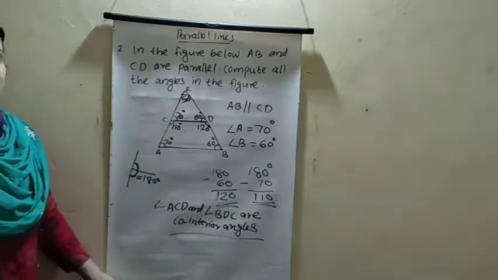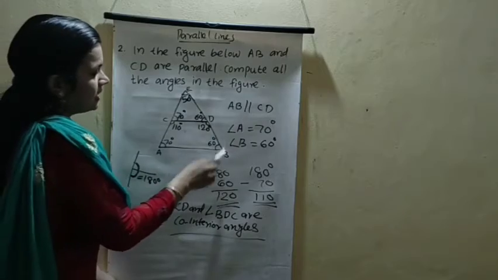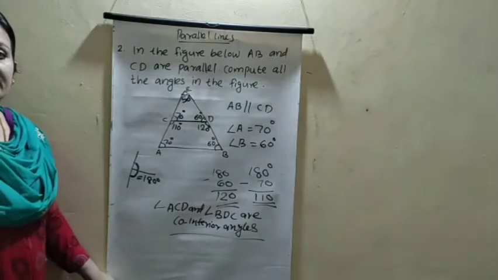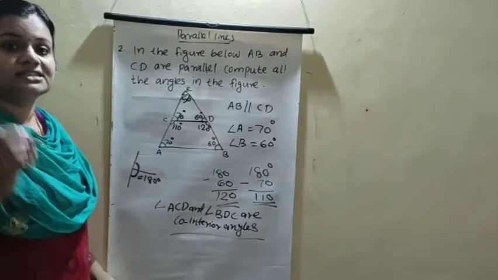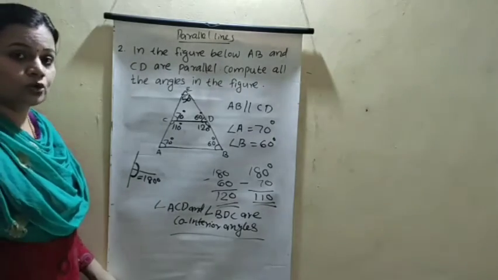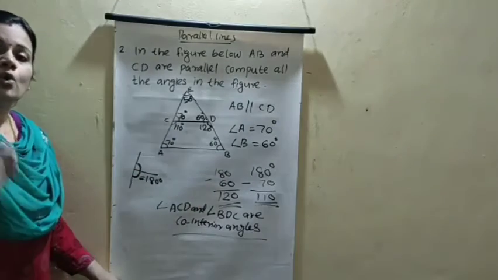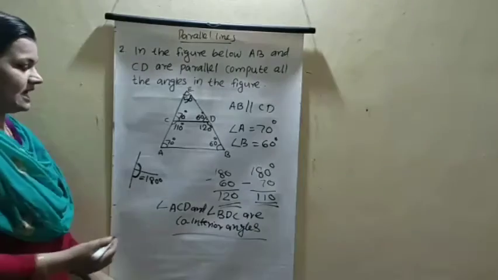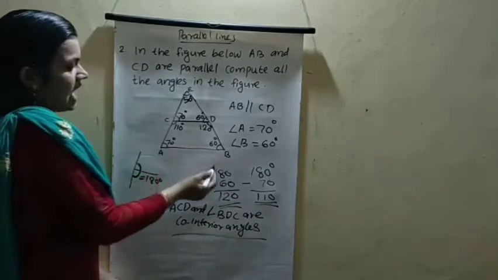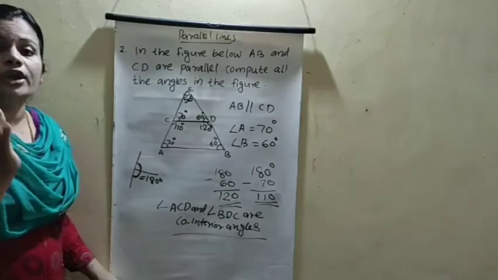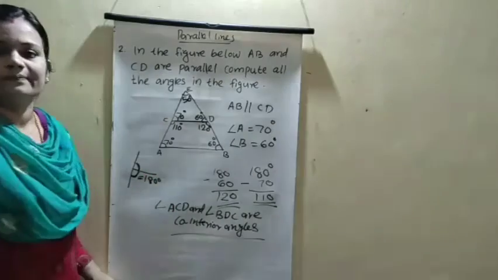We already know that the sum of co-interior angles is 180 degrees. Also we can say that AB is parallel to CD, then angle ACD and angle BDC are co-interior angles. Understood? We want to find out all the angles here.